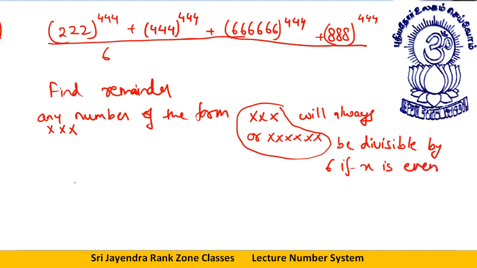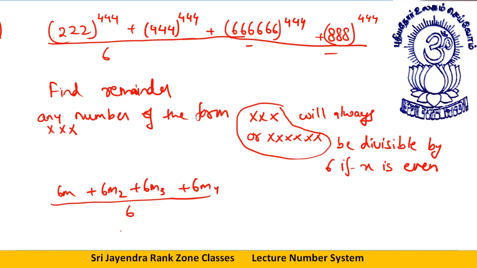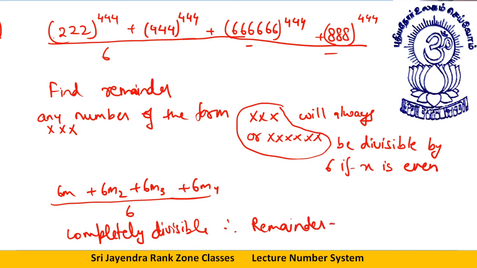So this is divisible, this is divisible, this is divisible, everything is divisible. So on the top we have a 6 multiple plus again a 6 multiple plus again a 6 multiple plus again a 6 multiple divided by 6. So completely divisible. Therefore the remainder will be 0.